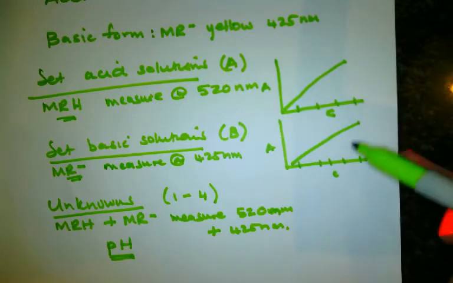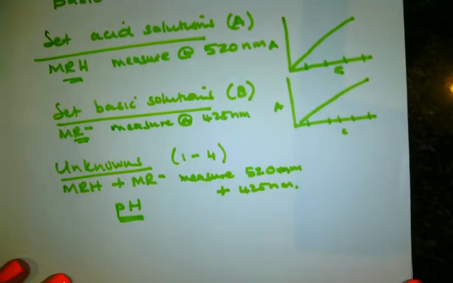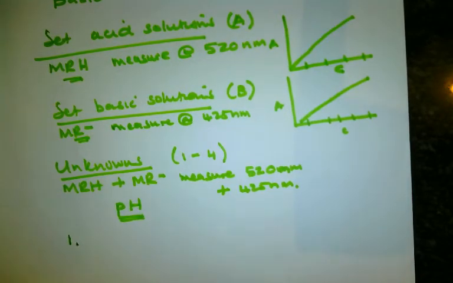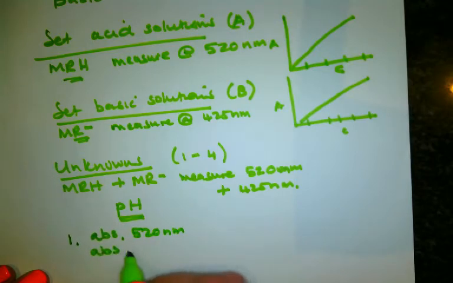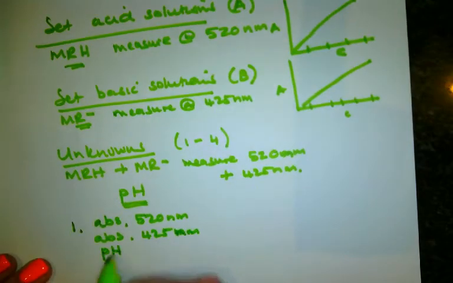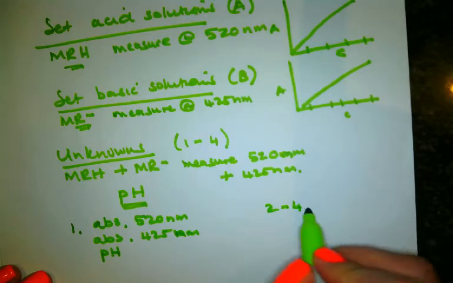You then use these calibration graphs to determine the concentration of these two species in your unknowns. For example, in, let's say, unknown solution 1, you will measure absorbance at 520 nanometers, absorbance at 425 nanometers, and of course you will have a pH for solution 1, and you'll do the same for solutions 2 to 4.